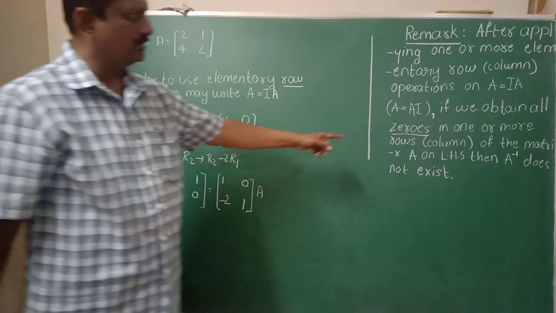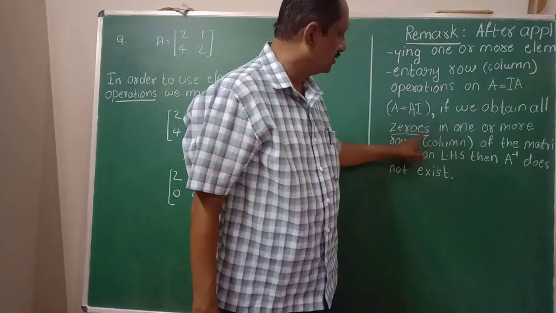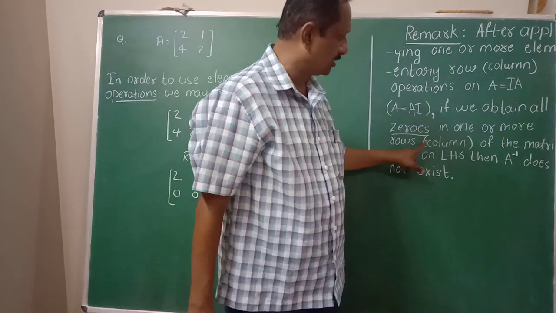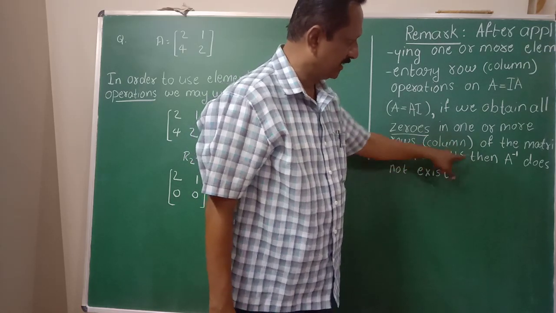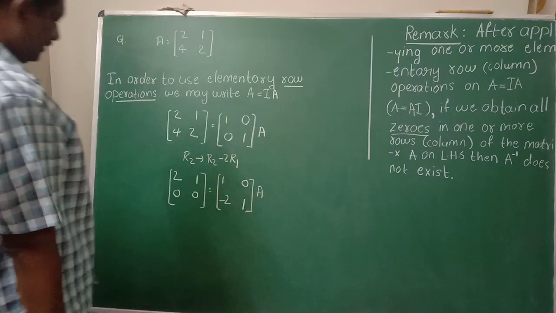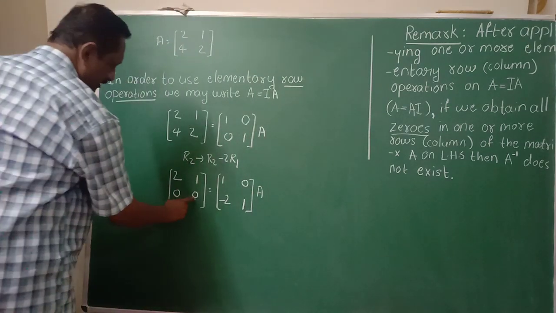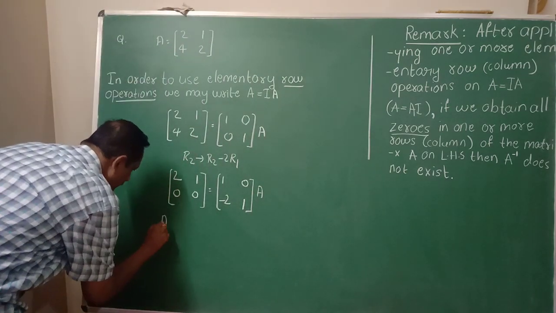According to the remark, if we obtain all zeros in one or more rows or columns of the matrix A on the LHS, then A inverse does not exist. Here these elements are zeros, therefore A inverse does not exist.